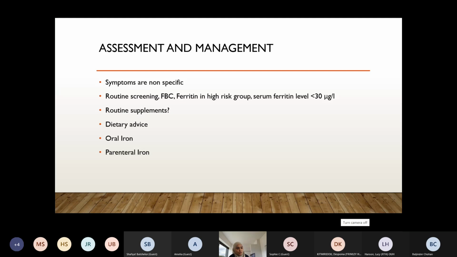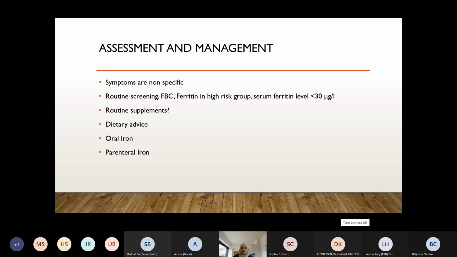But there are women you will identify who are at higher risk of anemia, so we can tailor this screening for them, especially people who have had a previous PPH requiring blood transfusion, or who have other comorbidities like inflammatory bowel disease, chronic renal disease, or other medical conditions like hypothyroidism.